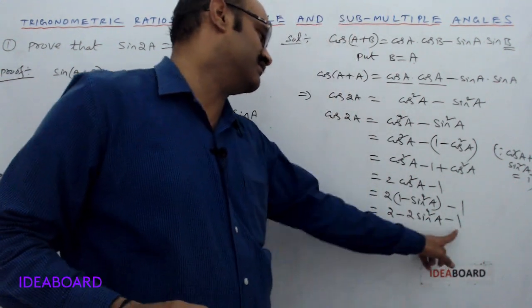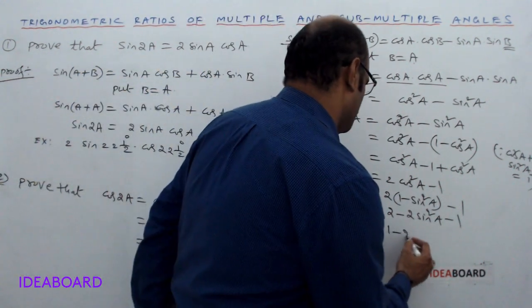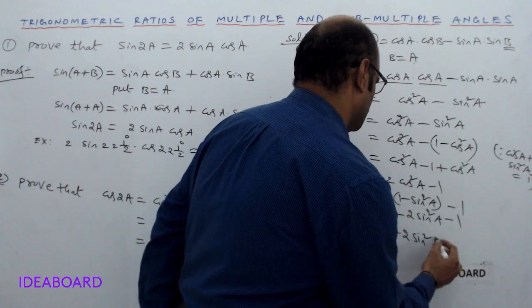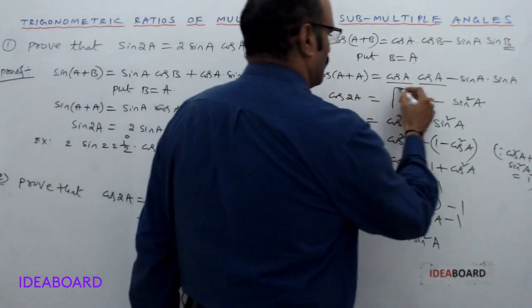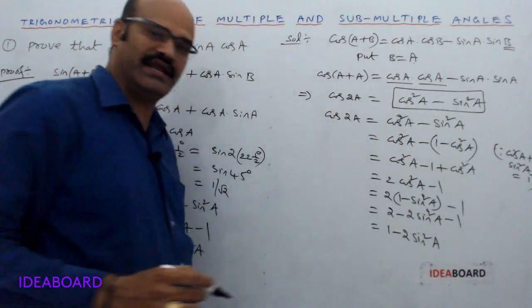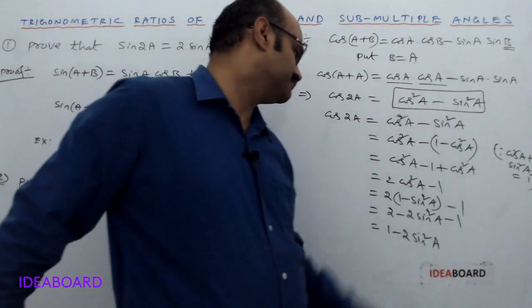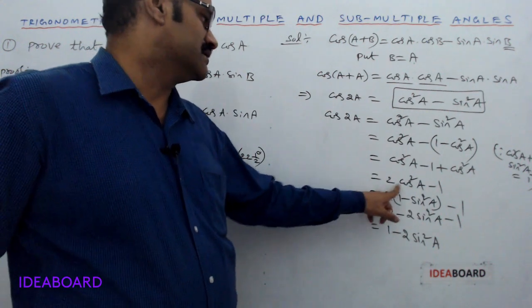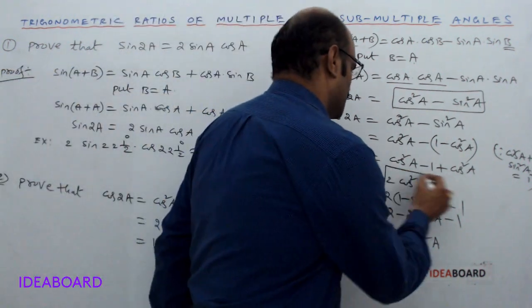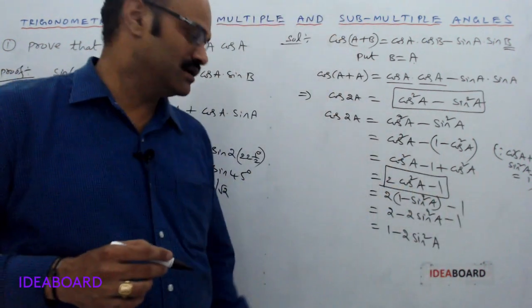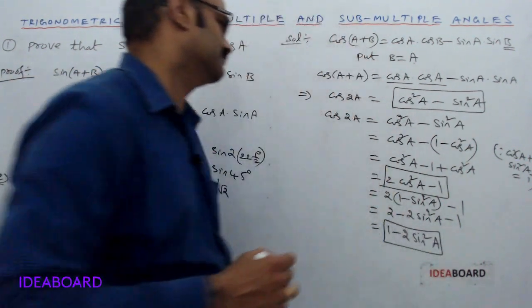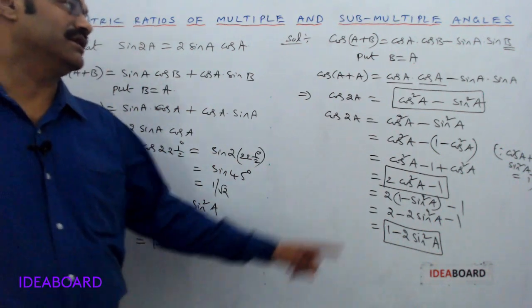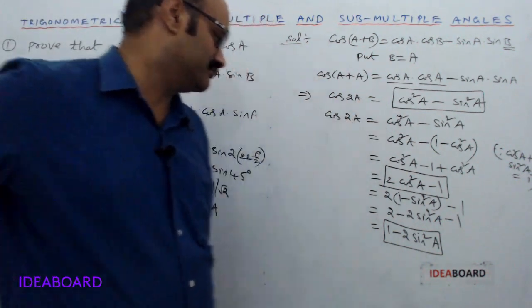Now 2 minus 1 equal to 1, so 1 minus 2 sin square A. Therefore cos 2A: first formula is cos square A minus sin square A, second formula is 2 cos square A minus 1, and third one is 1 minus 2 sin square A. There are 3 formulae for cos 2A.